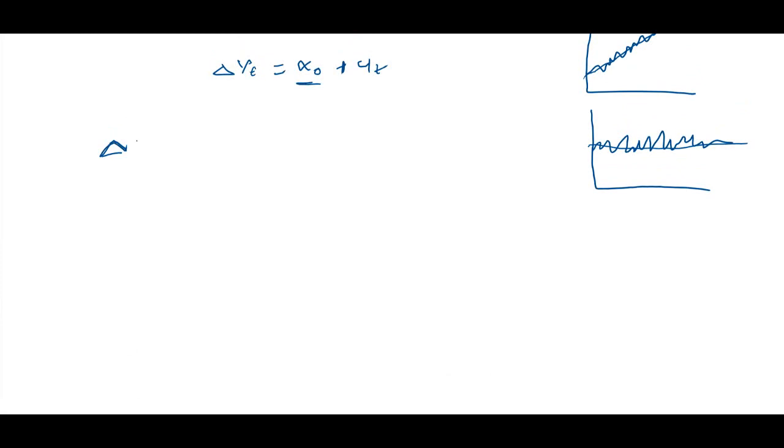Let me write it here. This is the change in yt, and this change in yt equals alpha naught. This is the constant term that we have already introduced, but the next is the alpha 2t. Alpha 2t basically represents the variation due to time, and the remaining of the equation is exactly the same, plus gamma yt minus 1 and plus ut.